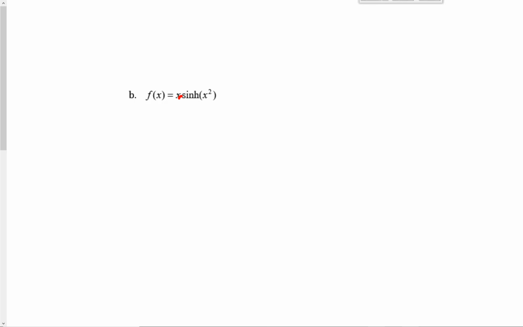So here we're going to have product. This is my F, this is my G. Derivative of F is just 1. Derivative of G is going to be chain rule. The derivative of the outside is a hyperbolic one, so I have to look up hyperbolic sine: the derivative of hyperbolic sine is hyperbolic cosine.